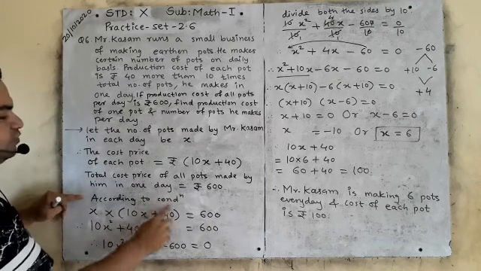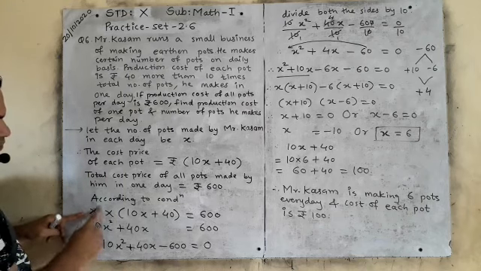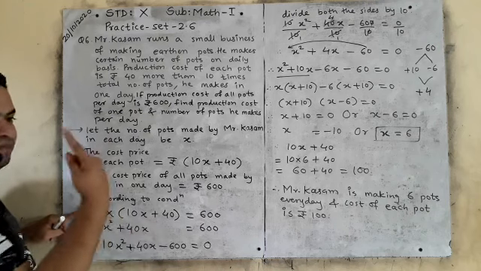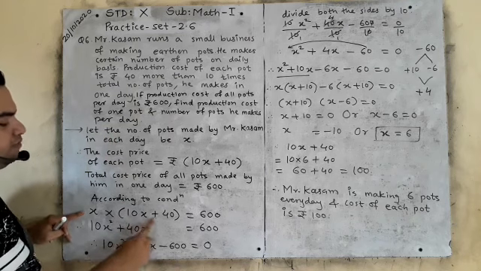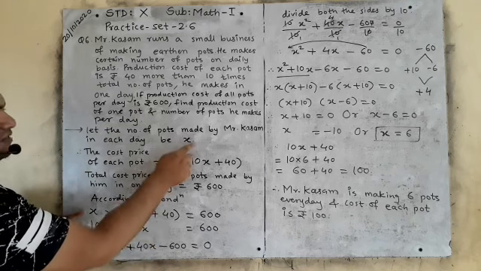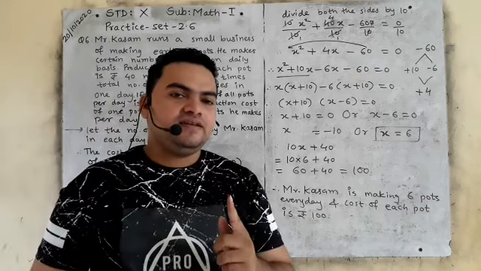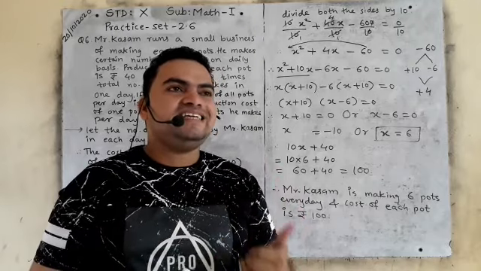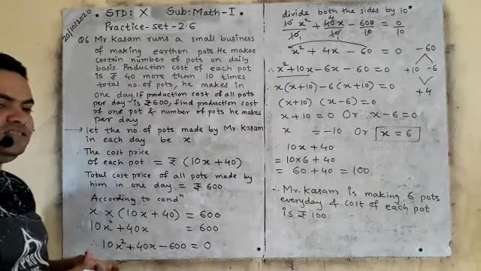So see, according to the condition, the number of pots is X, right? Number of pots X multiplied by the cost of one pot. We don't know, but we know it is 10 times X plus 40. See, if I say one pen costs 10 rupees, 6 pens cost how much? 60, right?